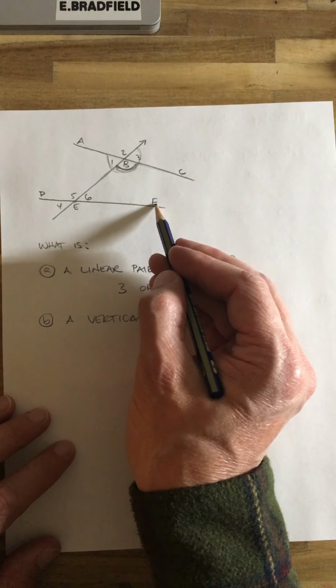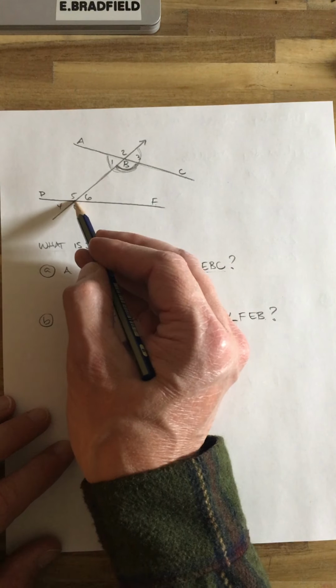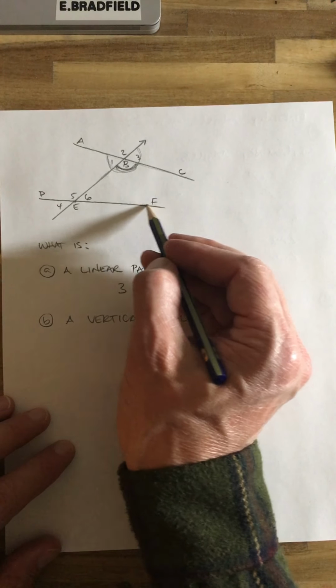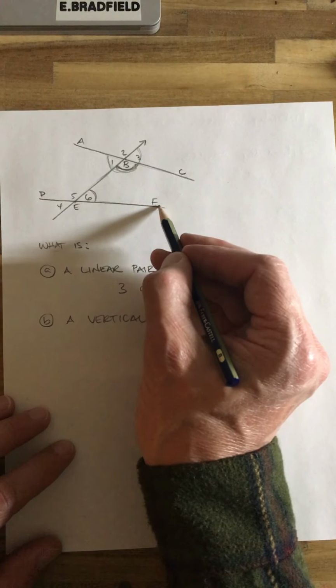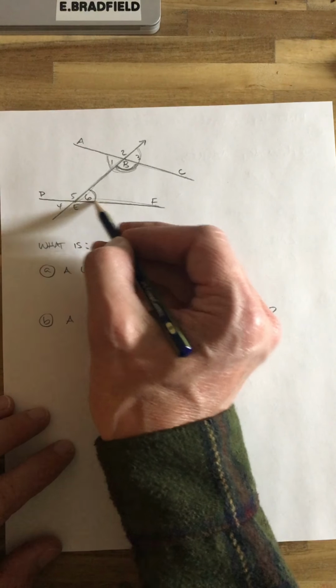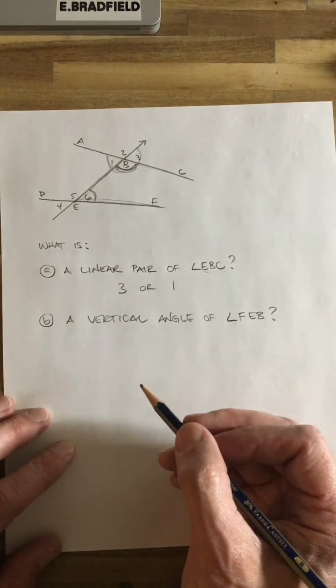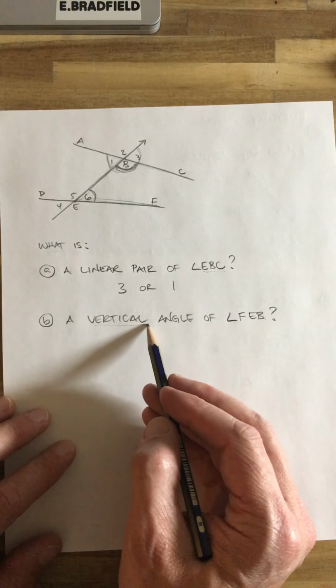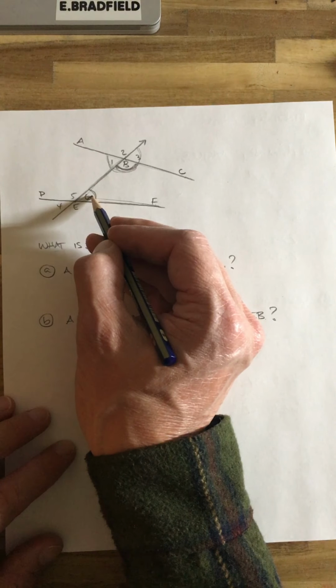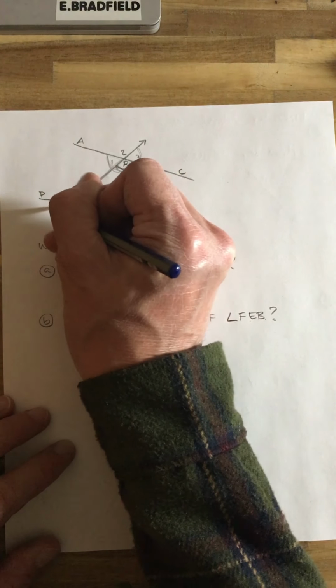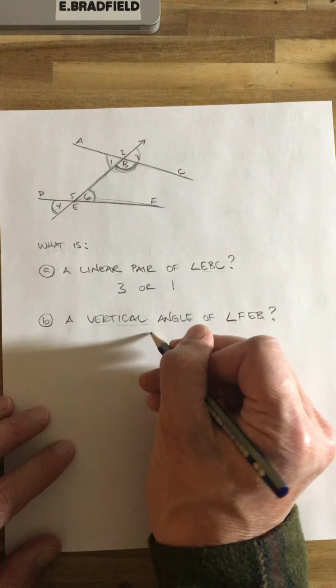F connected to E, connected to B. So I just drew this, FEB. I'm talking about this angle right here. Now I want the vertical angle for that angle. If this is my angle FEB, where's my vertical angle? That's right, it's 4 over here. There's my vertical angle. The answer is 4.